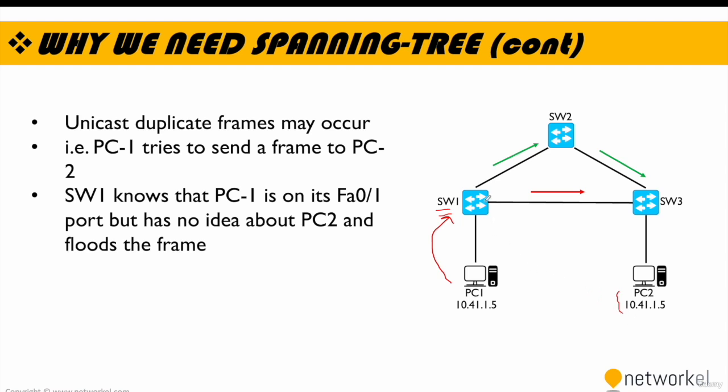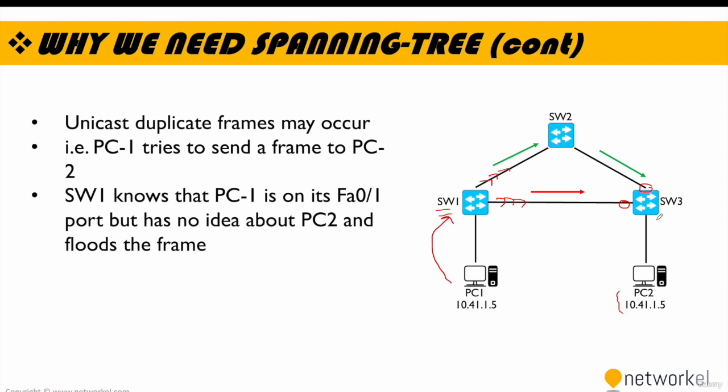It will just send this packet from this port as well as from this port. So the traffic will reach switch 3 from this port, and it will reach switch 3 again from this port. So what will happen now? We have a unicast duplicate frames issue, okay?